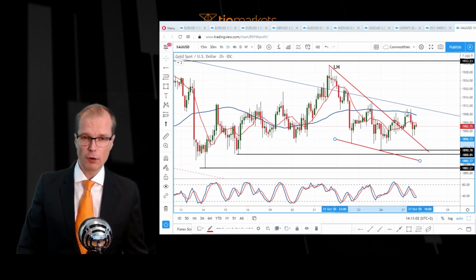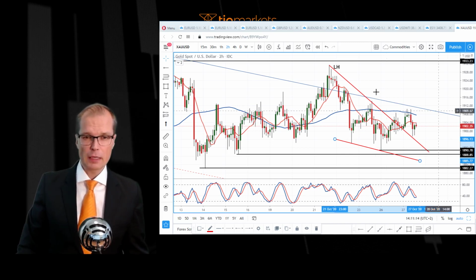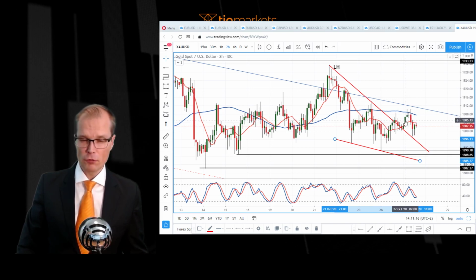Obviously these prices might be a little different depending on your trading platform, but if you follow this chart here, which is by the way 2-hour resolution on gold, other people talk about time frames of course, but basically, and this is for new traders, every candle here represents price movement in a 2-hour period.